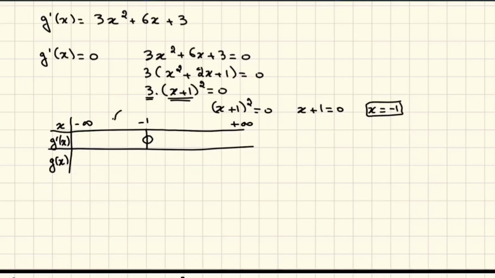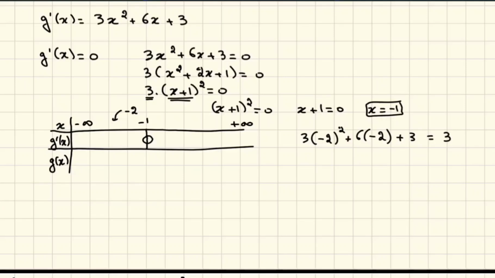You can pick any value before negative 1, so let's say negative 2, and replace it in g prime of x. When you do that, you will get 3 times negative 2 squared plus 6 times negative 2 plus 3, and the answer of this will be 12 minus 12 is 0.